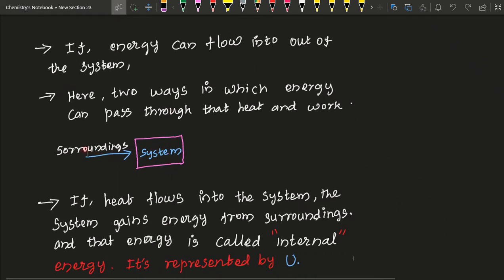This is the system, this is the surrounding, and the energy goes to the system.